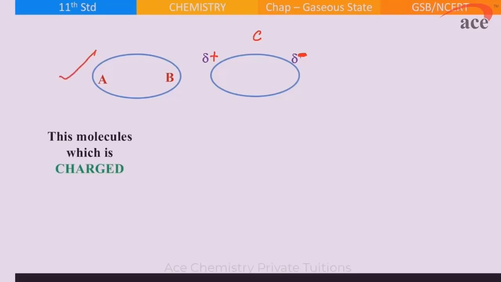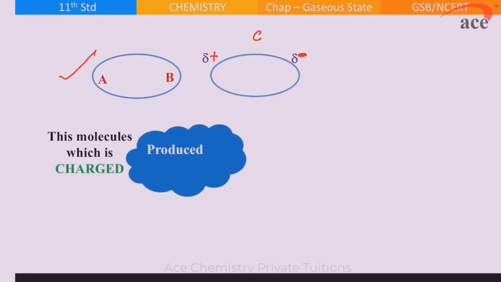So this molecule is charged, and what do we observe? That the charged molecule is going to produce or induce polarity in molecule C. It means there will be distortion. What do you mean by the word distortion?